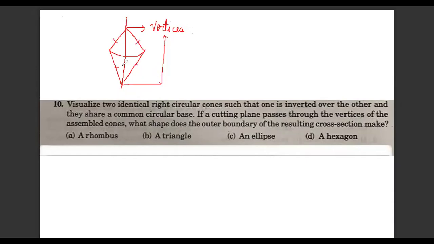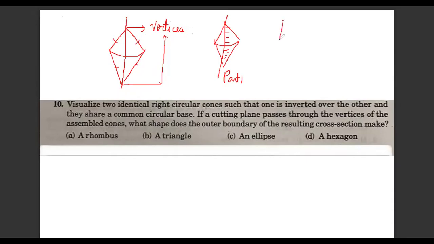Sides are equal. Now for the first part, I'm going to rotate this like this. This is the first part of the cone. Let us write here part 1.